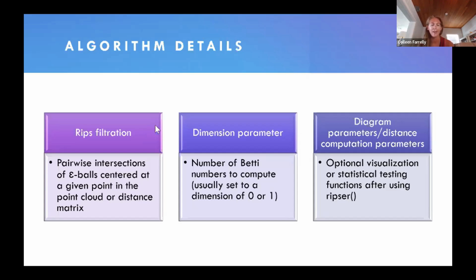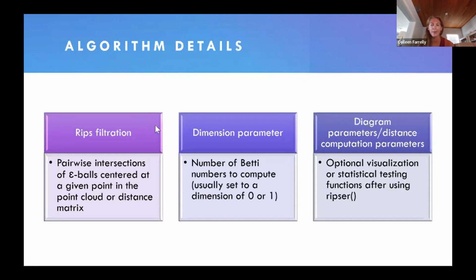And so as we vary the distance for connecting points, we get a series of objects that are created from these different distance filtrations.